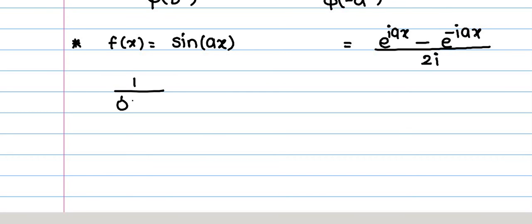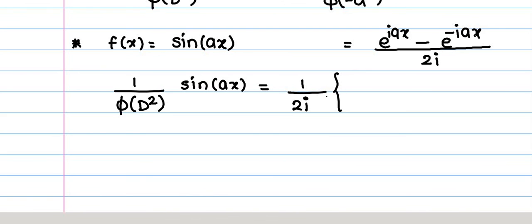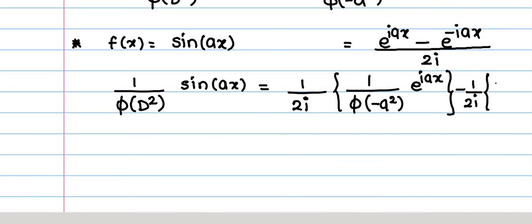Whenever we operate the auxiliary equation phi of D square on sin ax, we can separate these exponential functions independently: 1 upon 2i into, replace D by ia, so D square will be replaced by minus a square, into e raised to iax, minus 1 upon 2i into e raised to minus iax, where D will be replaced by minus ia.